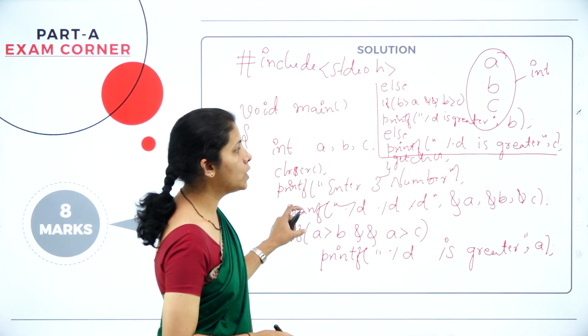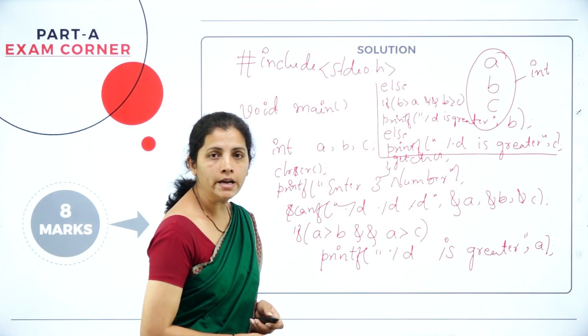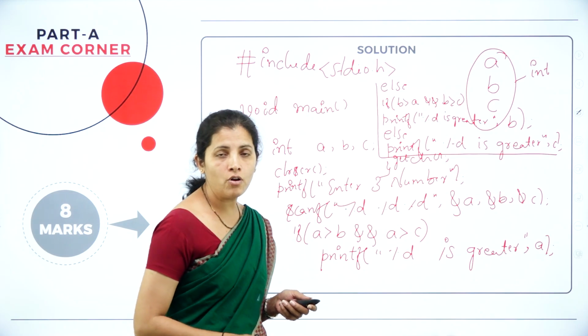So this is the code used to read 3 numbers from the keyboard and find the largest of 3.